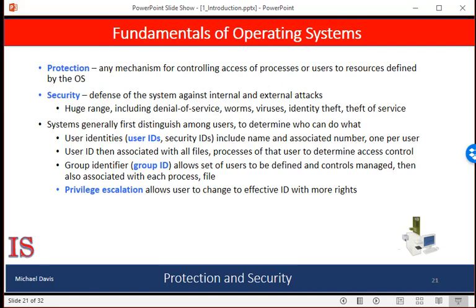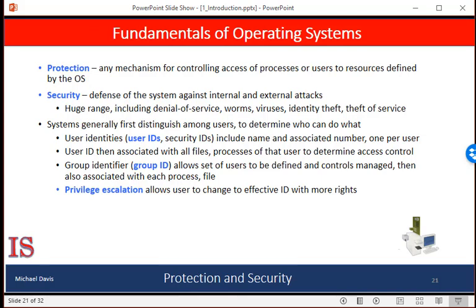If a computer system has multiple users and allows the concurrent execution of multiple processes, then access to data must be tightly controlled. For that purpose, mechanisms ensure that files, memory segments, CPU, and other resources can be operated on by only those processes that have gained proper authorization from the operating system.